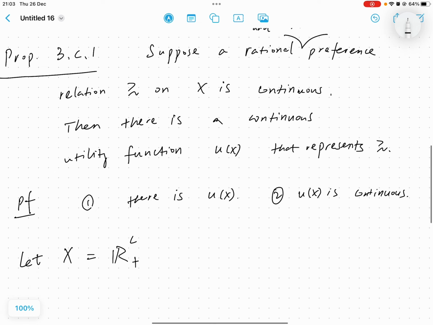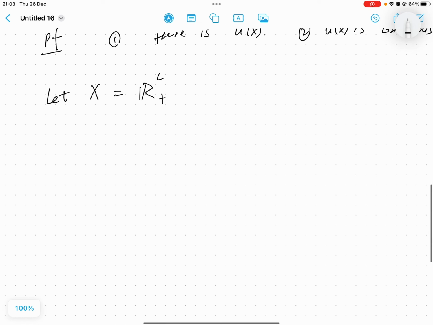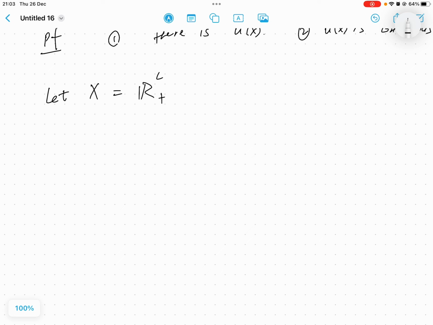This becomes a more complete statement: a continuous, monotone preference relation. We'll use a very intuitive proof, and we're going to show this in a little figure here.